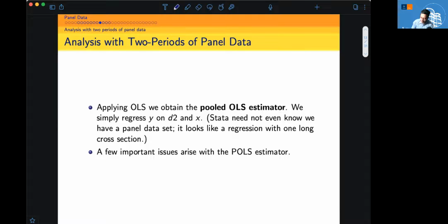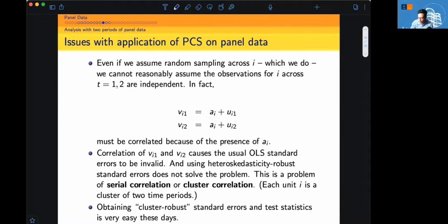Now there are a few important issues that arise with the pooled OLS estimator. The idea is that you have a panel data set, but you do not take advantage of it by using the pooled OLS estimator. So we need to identify another method to take full advantage of the panel data structure.